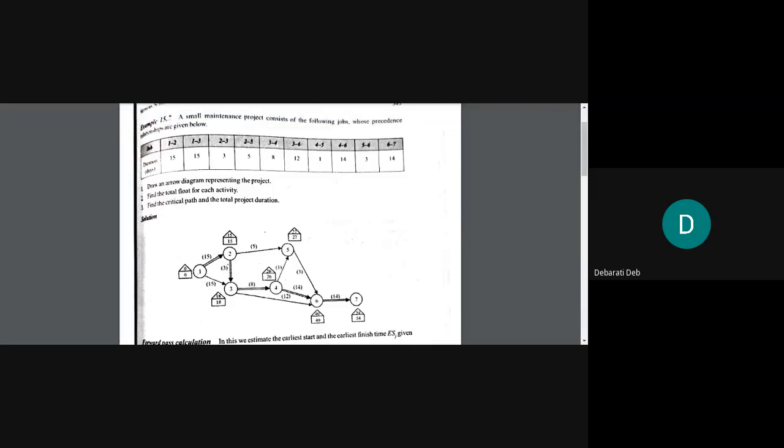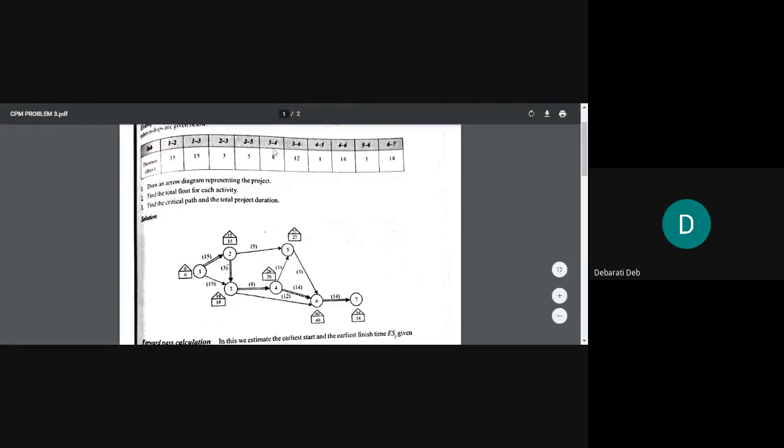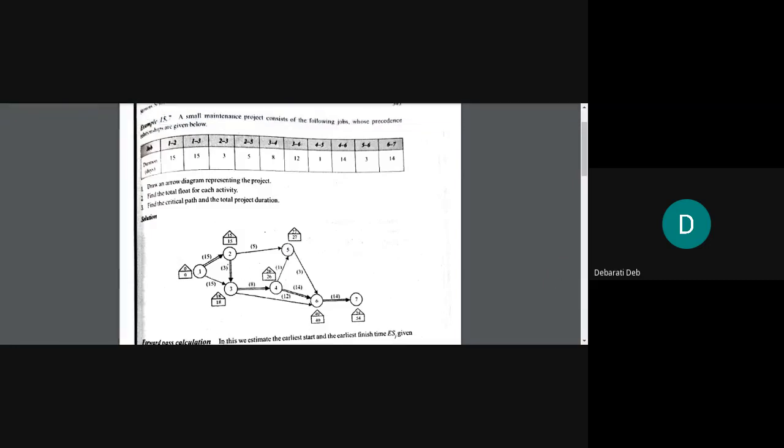Next is 2 to 5 and 3 to 4. So 2 is moving towards 5. Draw it with a straight arrow. Then 3 to 4, again 3 to 6 also is there, right? So from 3 move towards both the sides and go towards 4, then again 6.